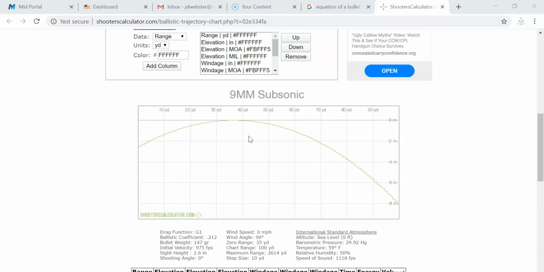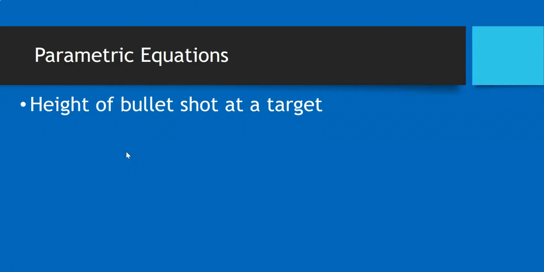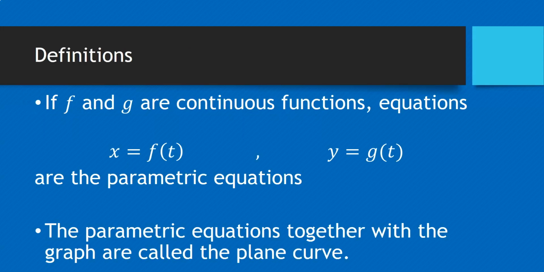Here's one such graph here. A 9mm shot goes this way approximately. And again, if your target is here and they're moving left to right, obviously if we're thinking about 3 dimensions, we want to know where exactly that hits, but also when it hits that spot. So nice things, parametric deals with nice things.